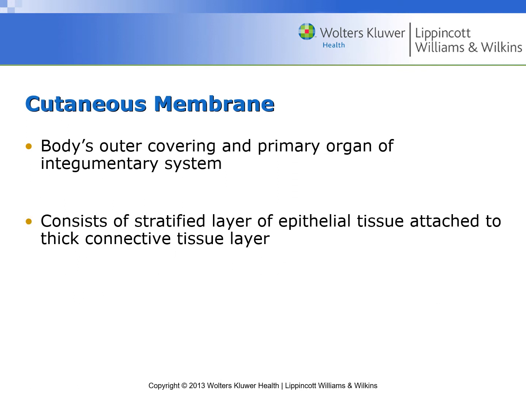The cutaneous membrane is the body's outer covering and the primary organ of the integumentary system. It consists of stratified layers of epithelial tissue, and it is attached to thick connective tissue layers.